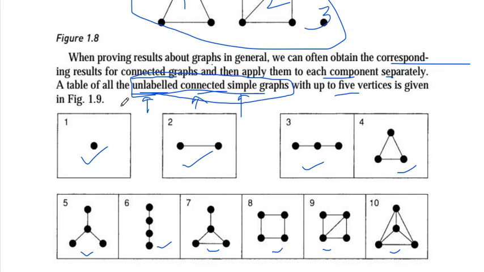Then for simple graphs, if we allow multiple edges, this is again a different possibility. So these are examples of connected, unlabeled, simple graphs with up to 5 vertices.